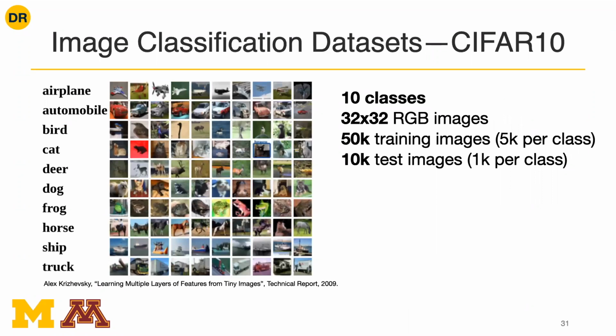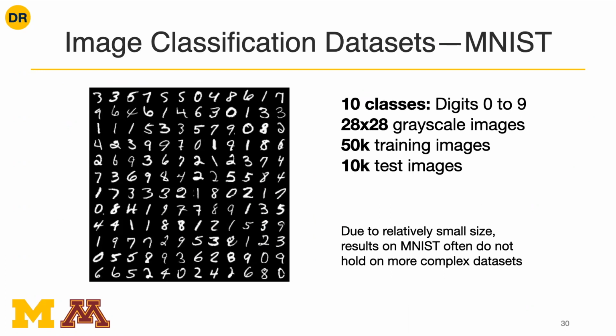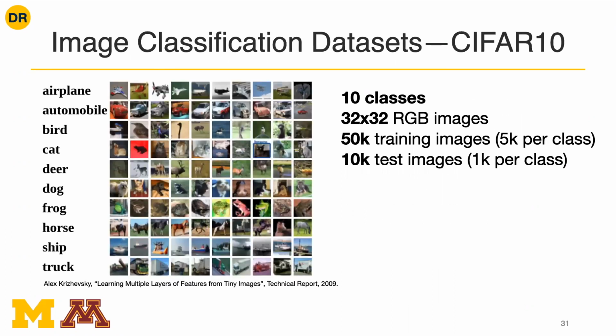A slightly different version here. What you saw in MNIST is 10 classes, 28 by 28 sized images. Now, in 2009, there was this dataset released called CIFAR, which is the same size in terms of the number of images in the dataset, and the same number of classes, but the images are different.